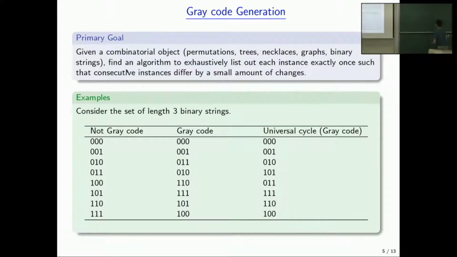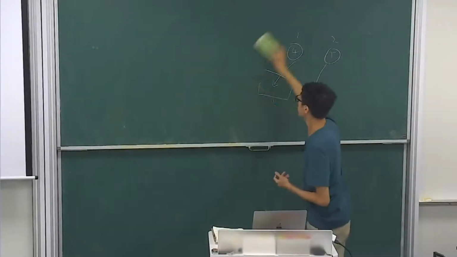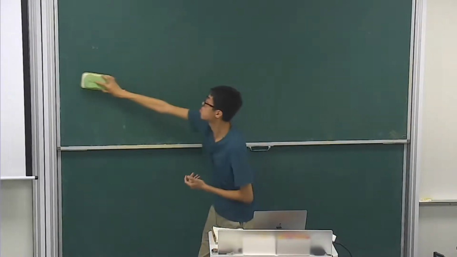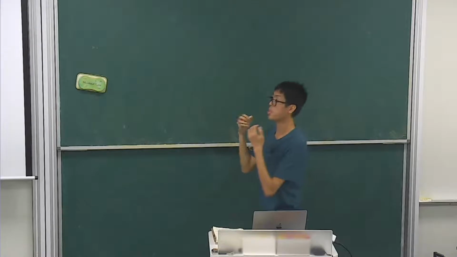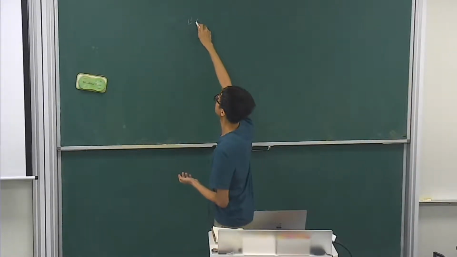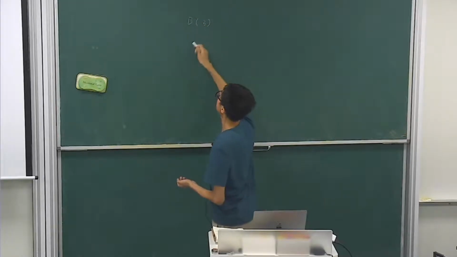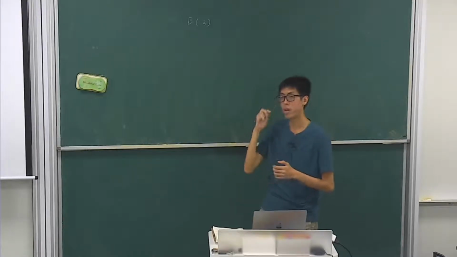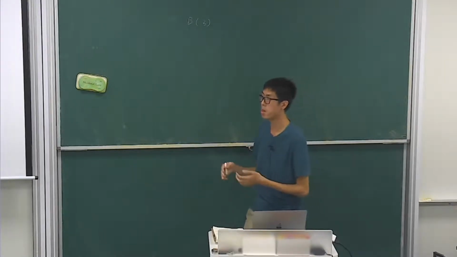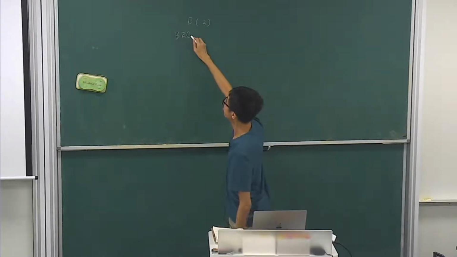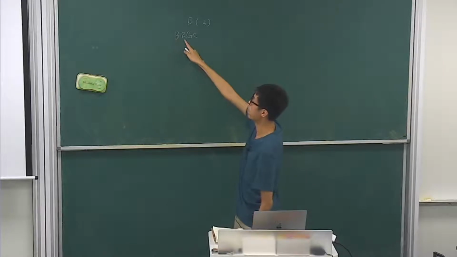So the question here is, let's say for example, we want to generate B3. B3 means the set of binary strings of length 3. There's a very simple way to generate this gray code, which is called the BRGC, which is the binary reflected gray code.